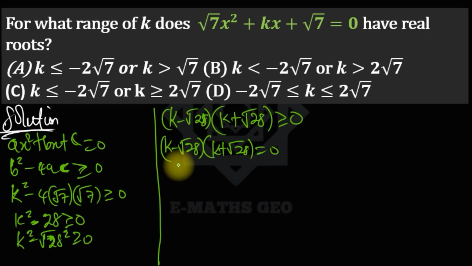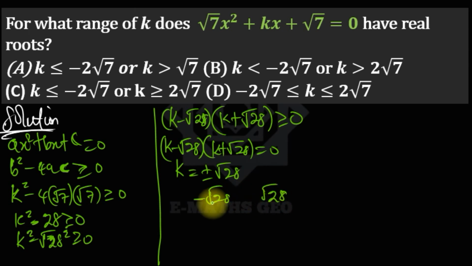So if we solve this, k equals plus or minus root 28. These are the two answers that give us 0. We now form intervals and test. The smallest one is minus root 28, while the big one is root 28.